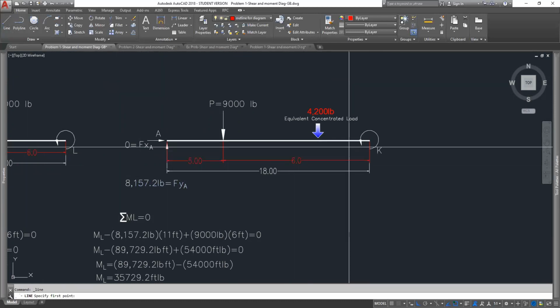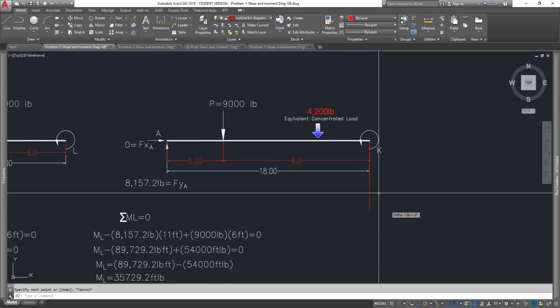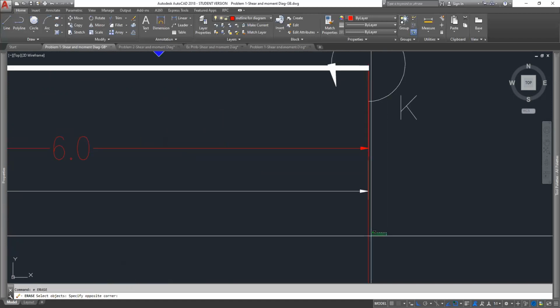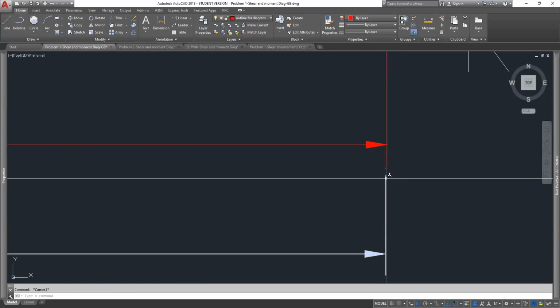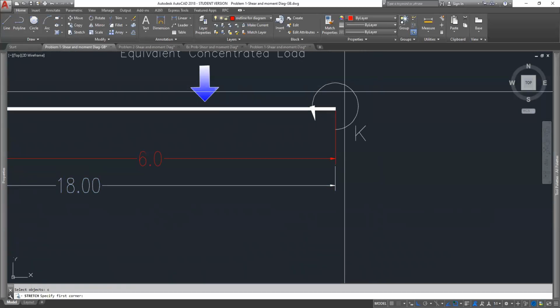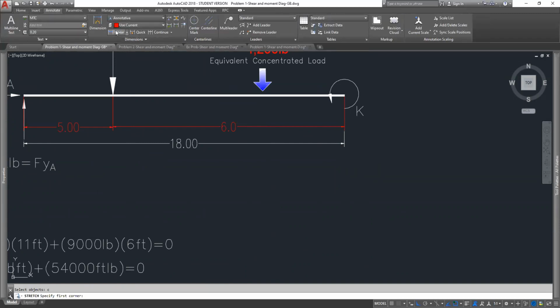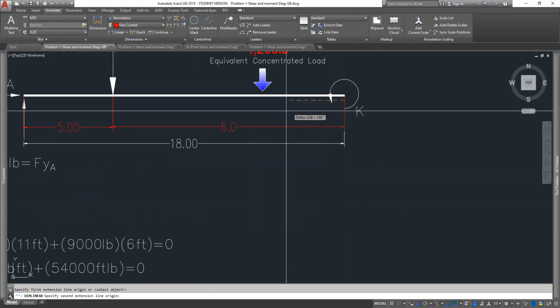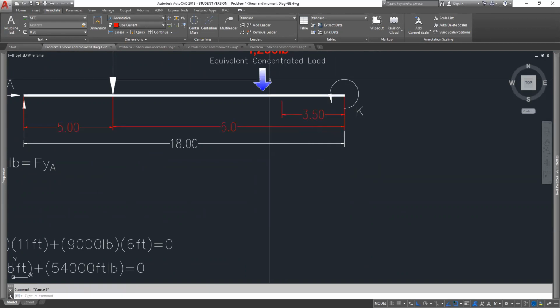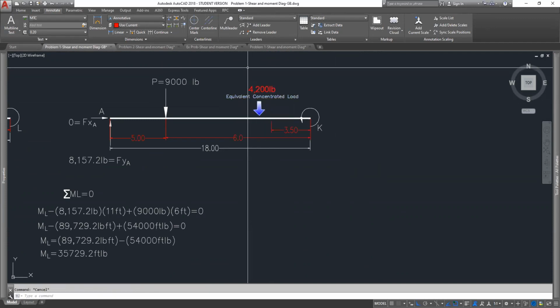So I need to make sure that from that point over, this is 3.5 feet, correct?